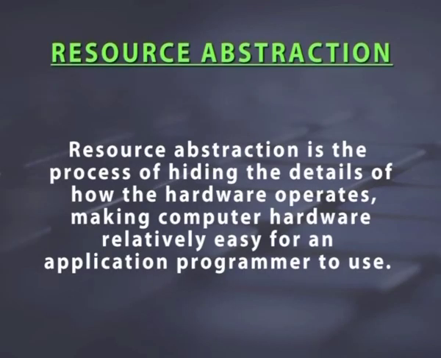We have already discussed in previous lectures about resource abstraction. Resource abstraction is the process of hiding the details of how the hardware operates, making computer hardware relatively easy for an application programmer to use.